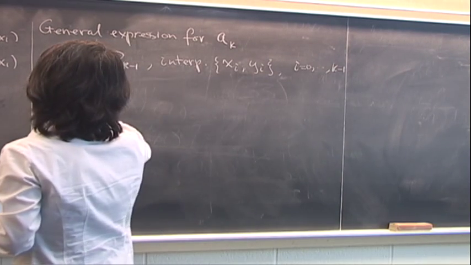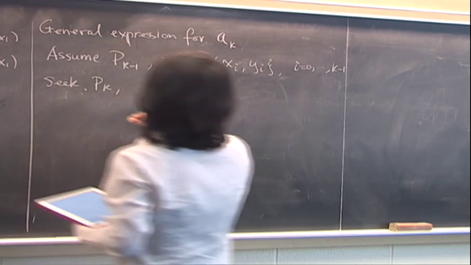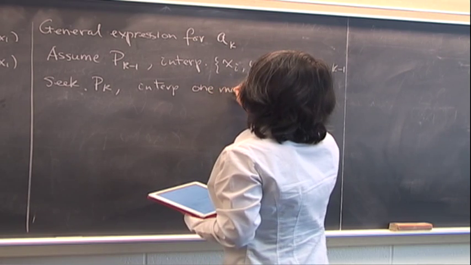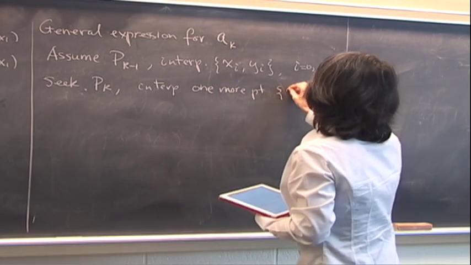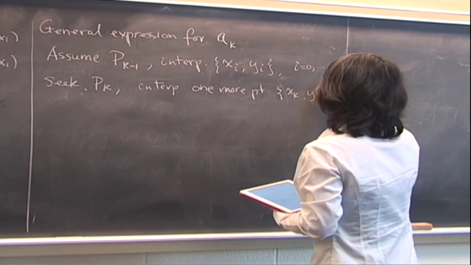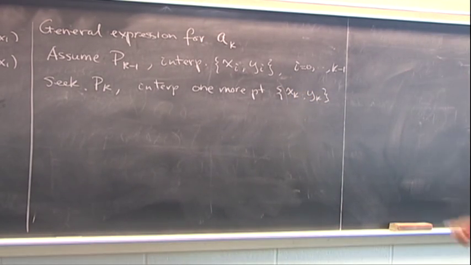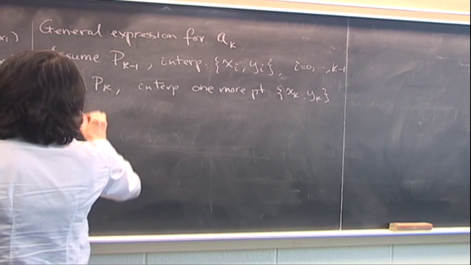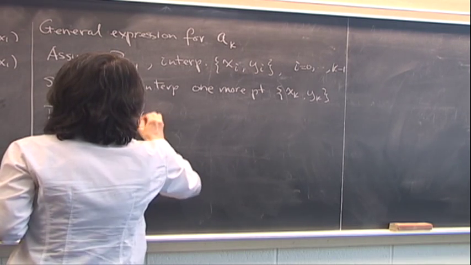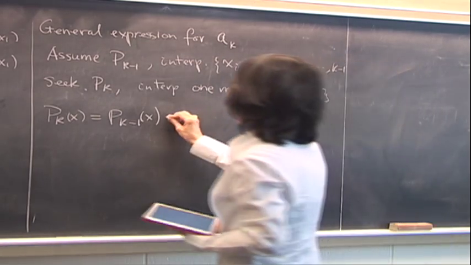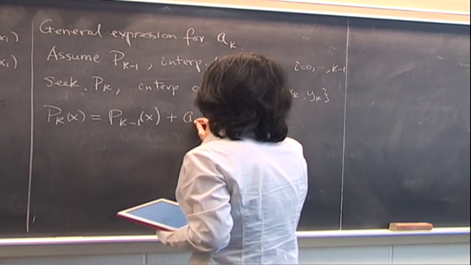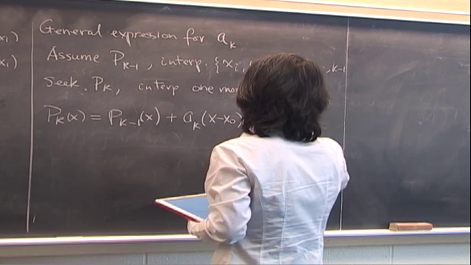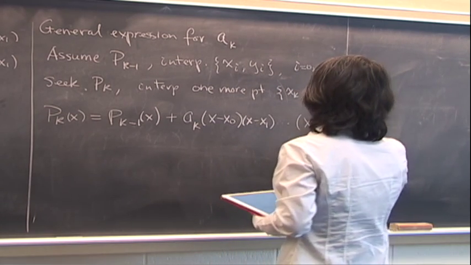And then we seek a pk which interpolates one more point, that will be exactly xk, yk. And we will use the p_{k-1}. Okay, so in this particular iterative form, pk of x will equal p_{k-1} of x plus, I add an additional term, this will be the Ak times (x minus x0)(x minus x1) up to (x minus x_{k-1}).